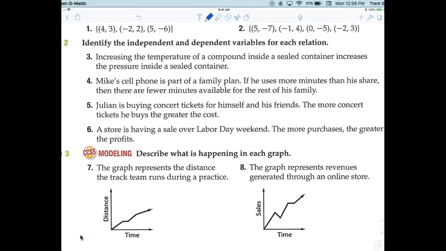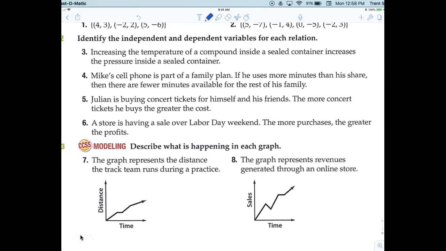Now, the next thing you want to look at is identify the independent and dependent variables for each relation. So basically, we're going to learn this year a lot about lines, and we say independent and dependent. The independent is referring to the X, and the dependent is referring to the Y. I think that was part of the IXL homework, wasn't it?